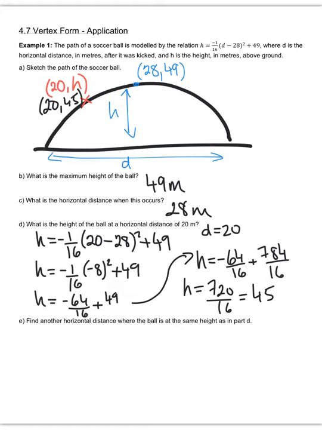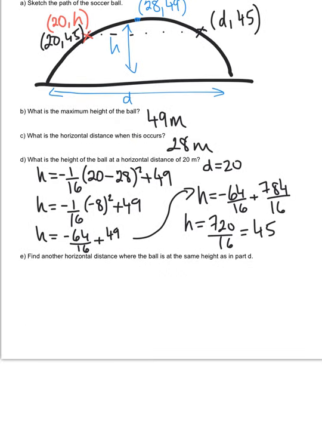All right, so part E says find another horizontal distance where the ball is at the same height as in part D. So what we're looking for here is the x-coordinate now, when it's at that same vertical height. So we're looking for d when h is equal to 45. So the way to do this is we're going to sub in 45 for h and solve for d.